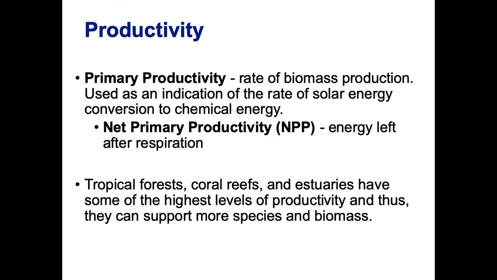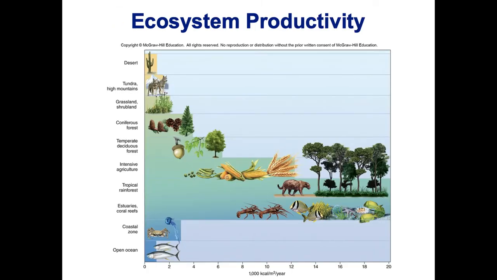We see that the highest levels of productivity occur in tropical forests, coral reefs, and estuaries, and thus they can support more species and more biomass of organisms. This shows different levels of ecosystem productivity, and we can see tropical rainforests, estuaries and coral reefs are by far the highest.